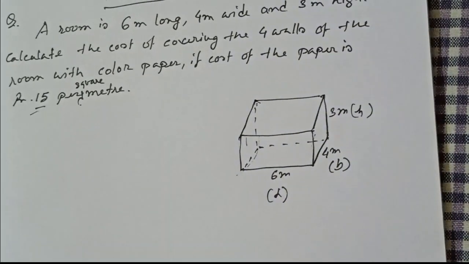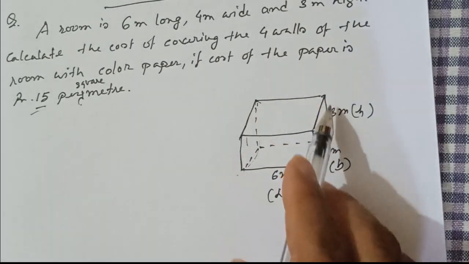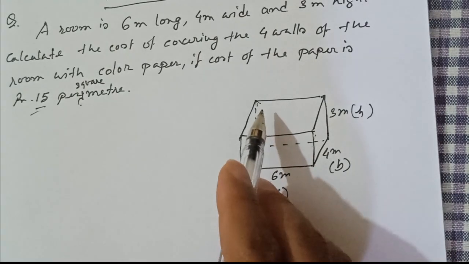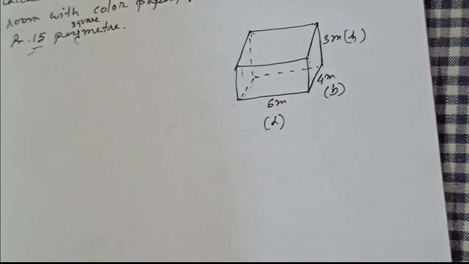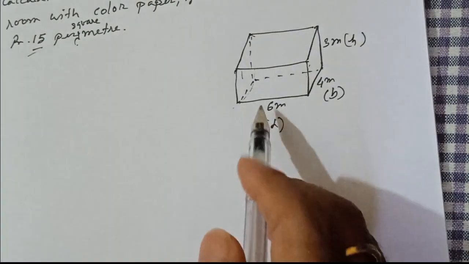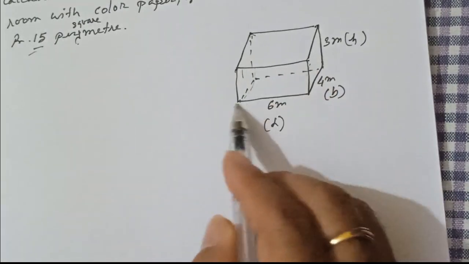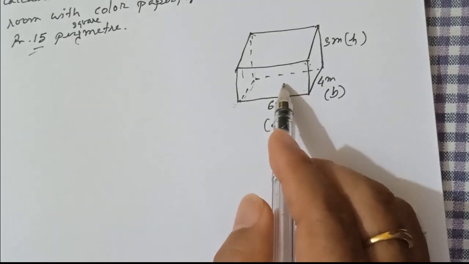Now let us first find the total area, how much area we have from the four walls. Suppose this is the first wall. What is the area of this wall?